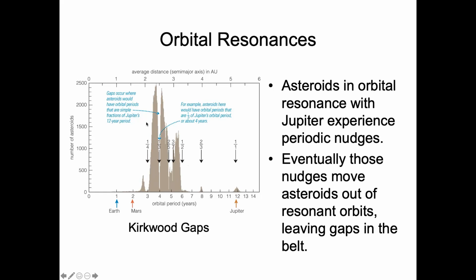And so we find that there are regions where there are lots of asteroids, and then there are gaps in the regions where there is orbital resonance with Mars and Jupiter. It's this orbital resonance that prevents asteroids from accreting there, right? These particular regions correspond with orbital periods that are specific, common fractions of Mars and Jupiter. And so it basically prevents everything from accreting into a single object.